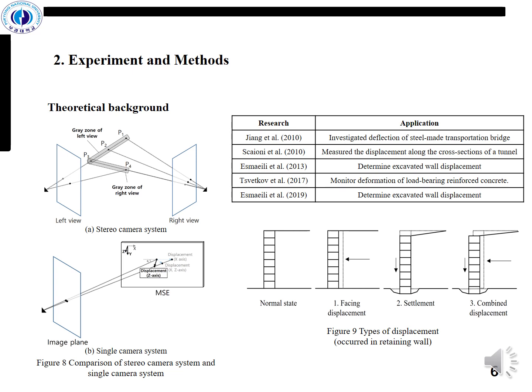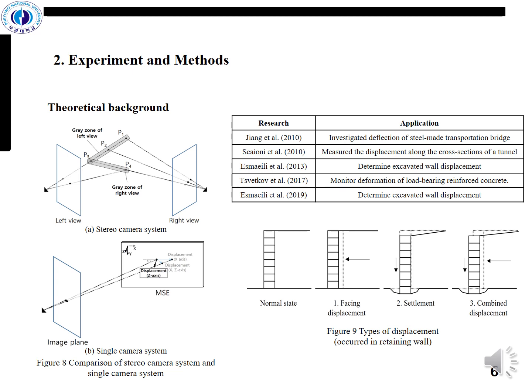This slide shows the difference between the single camera system and the stereo camera system. As you can see on the left side, when there are P1, P2, P3, and P4 in three-dimensional space, a spatially unclear area, which we call a gray zone, occurs for P1, P2, P3 at the left viewpoint, and for P3 and P4 at the right viewpoint.